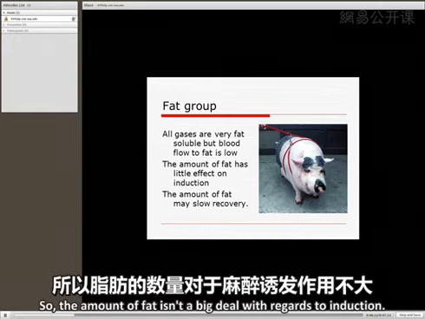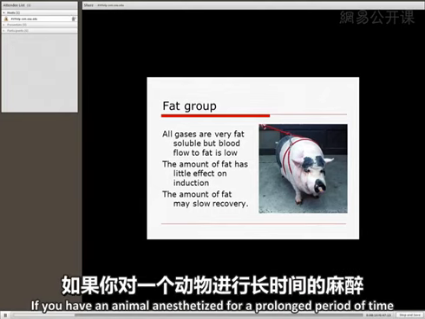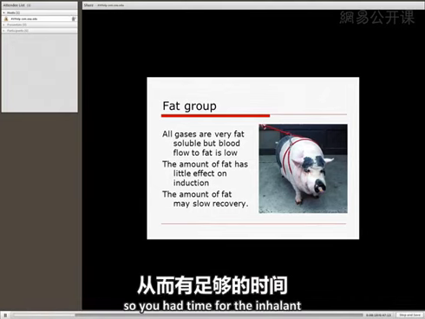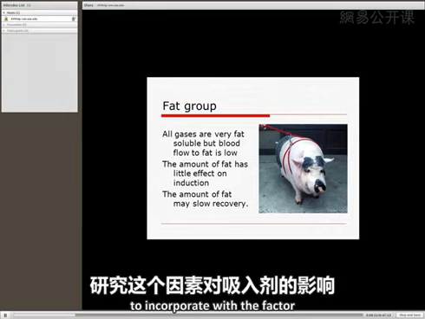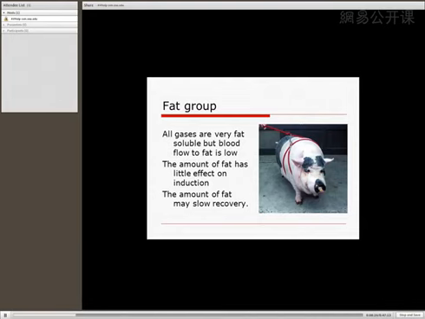So the amount of fat isn't a big deal with regard to induction. If you had an animal anesthetized for a prolonged period of time, so you had time for the inhalant to equilibrate with the fat group, it might slow recovery somewhat.